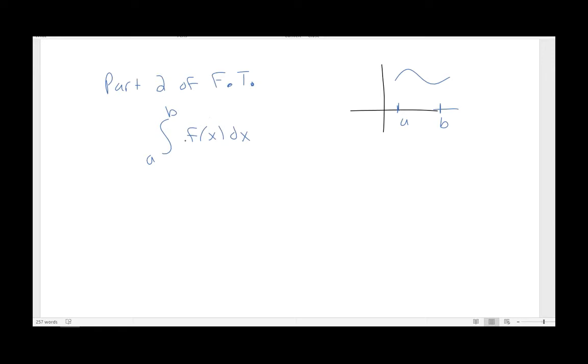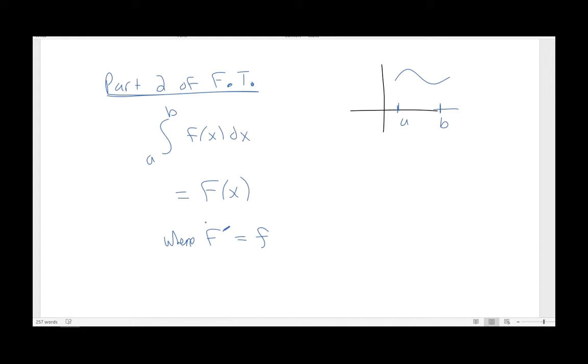We're going to take this function f of x and find its antiderivative. Usually in the second part of the fundamental theorem, instead of writing g of x, we write cap F, and we're denoting that cap F is the antiderivative. The derivative of cap F is little f.